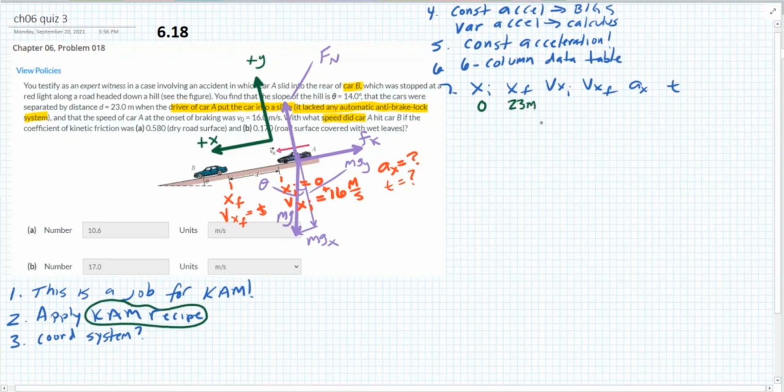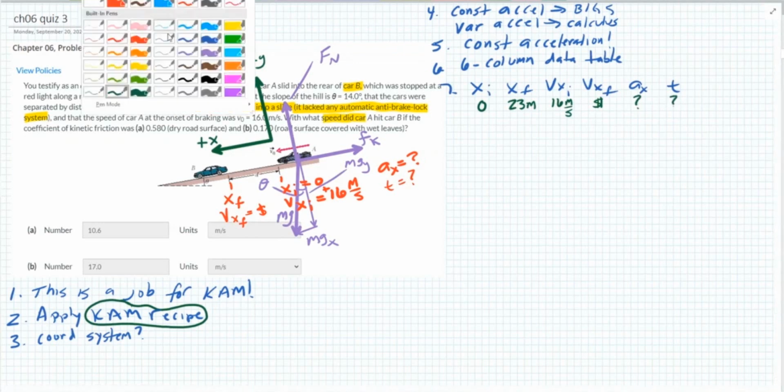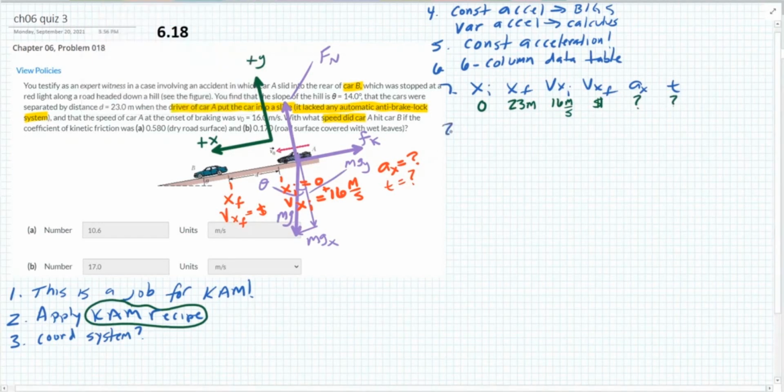My initial x velocity is down the ramp, so that is a positive number. And as mentioned, it is 16 meters per second. This is my impact velocity, vxf. This I don't know and this I don't know. So for number 8, I'm going to write: uh-oh, too many unknowns.